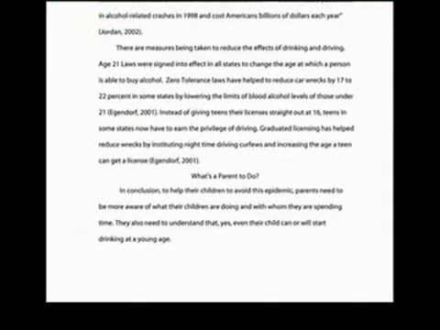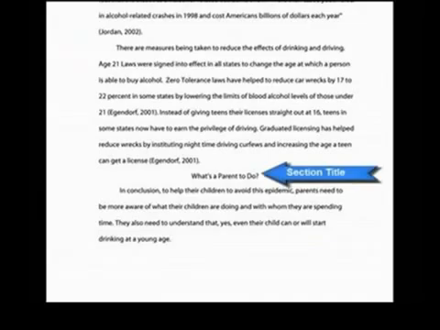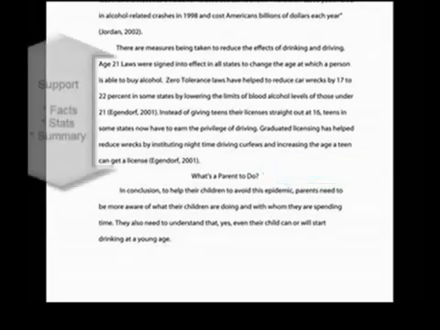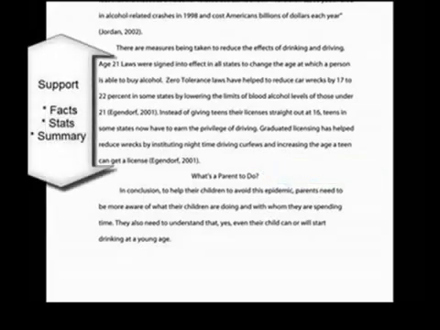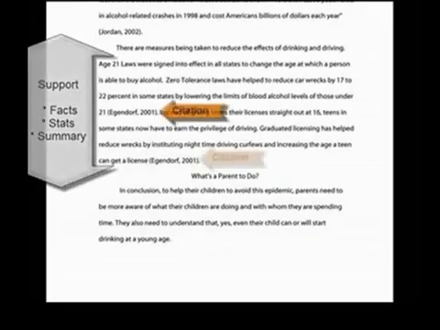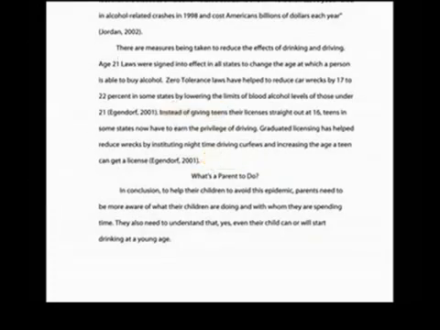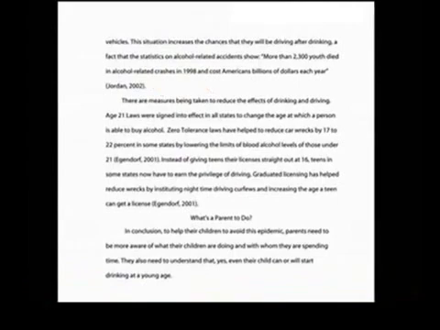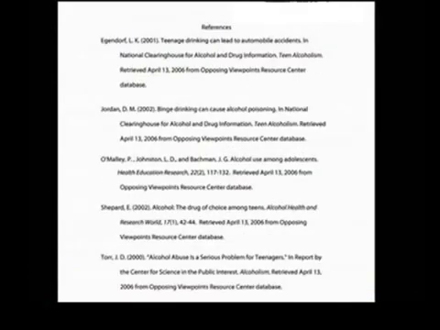So that's how she continues throughout the paper. Each section has its own title, and each section has its own topic sentence that has been developed in that title. Anytime she uses information from a specific source, she provides an in-text citation, and then all those citations refer to the last page in your paper, which is the reference page.